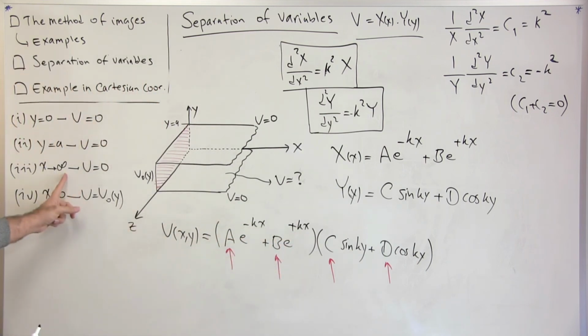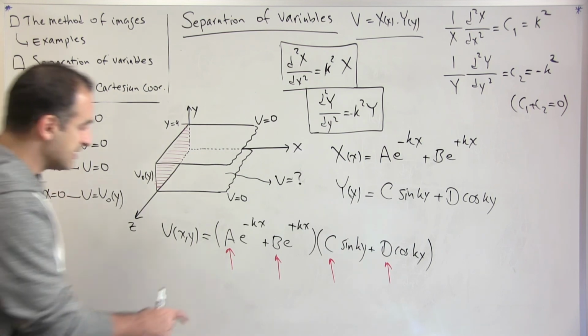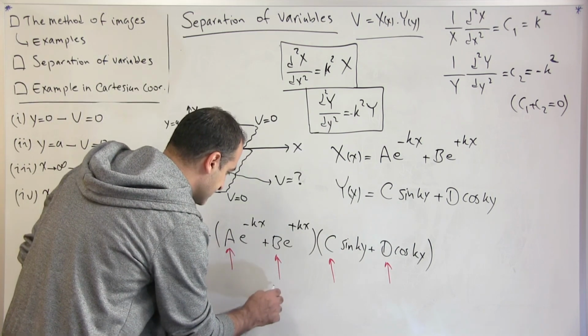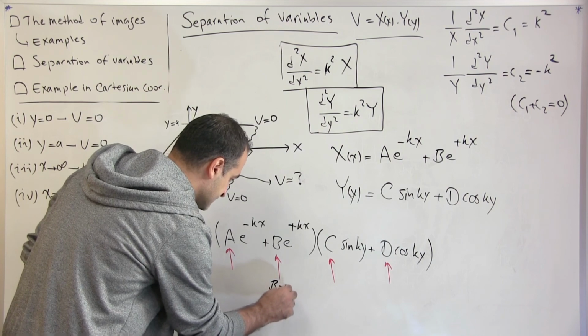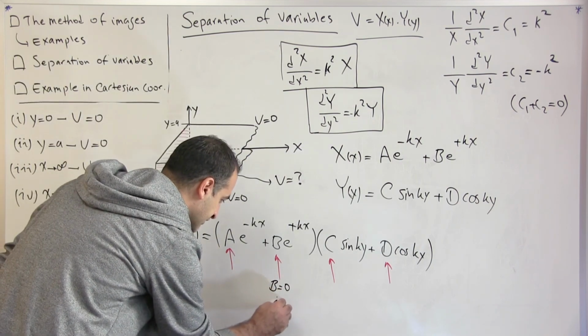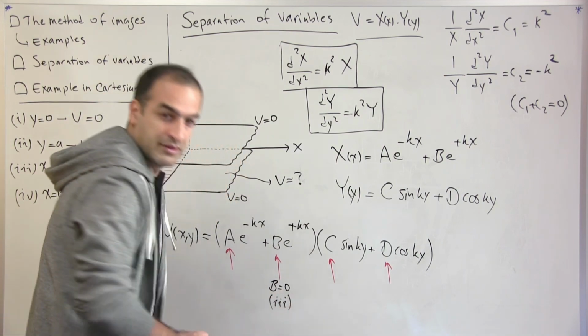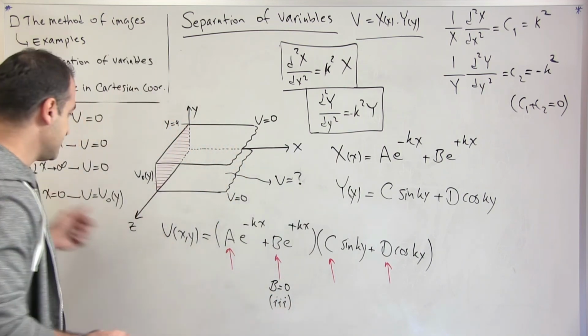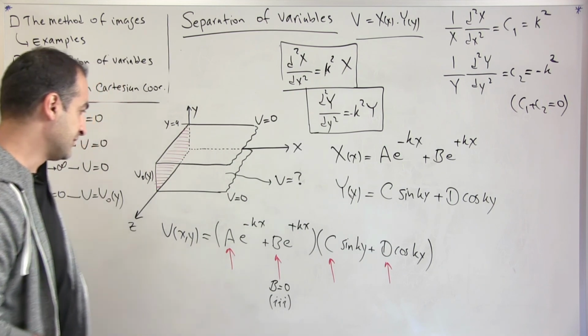This is not what we like. We want to see the potential going to 0 when x goes to infinity. And that means the constant B must be 0 because of boundary condition 3.